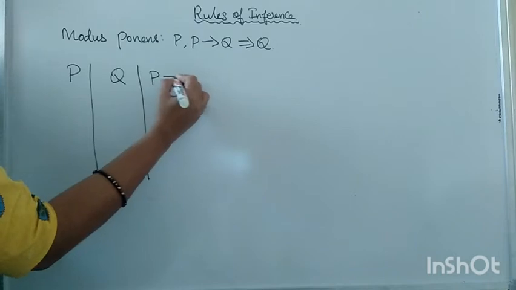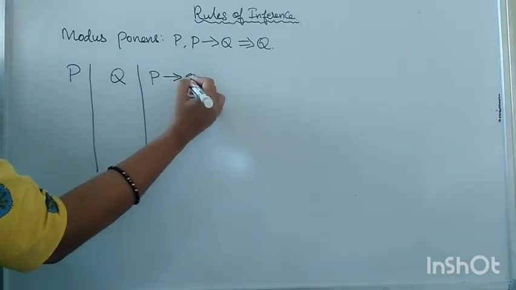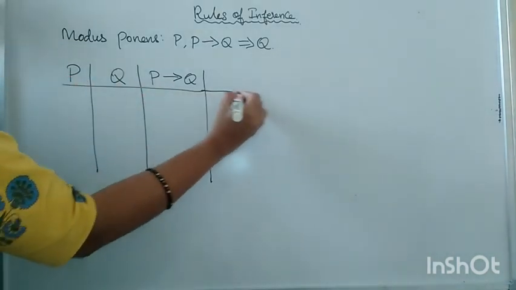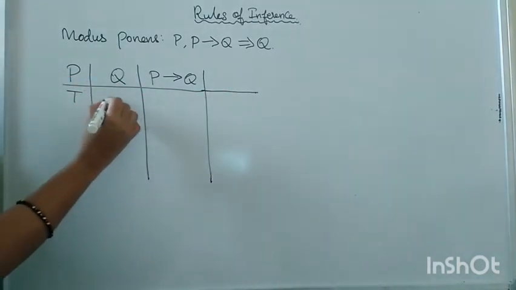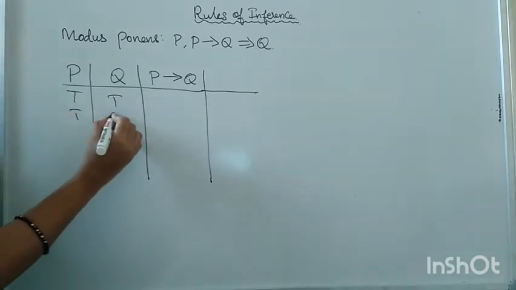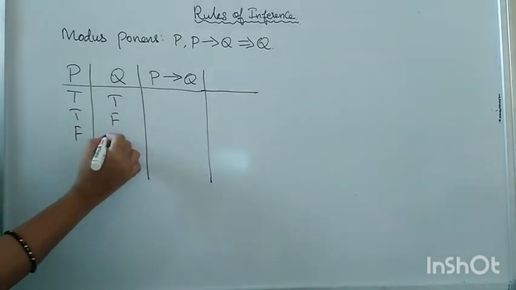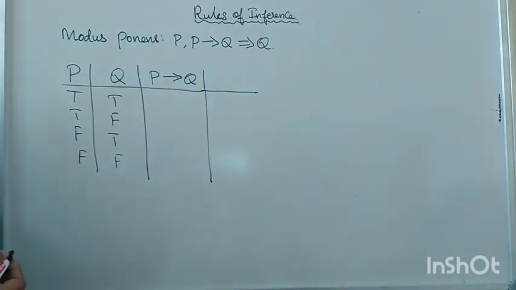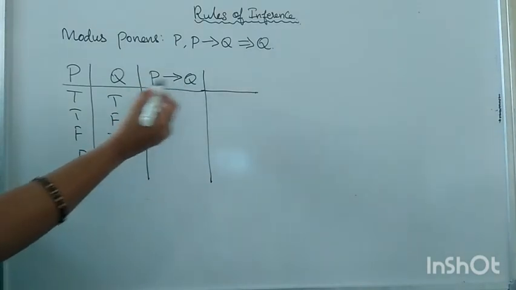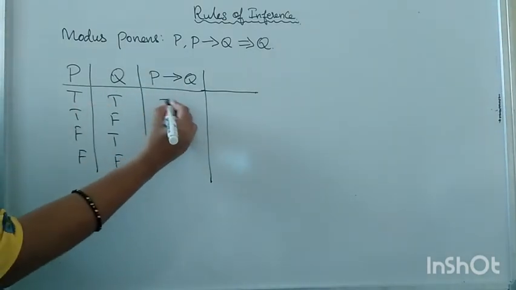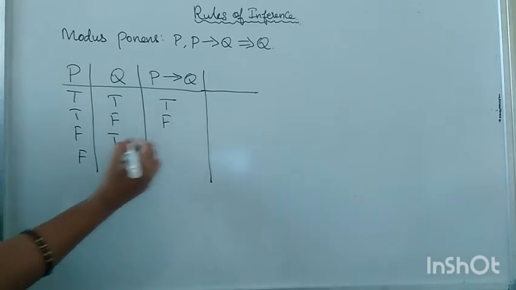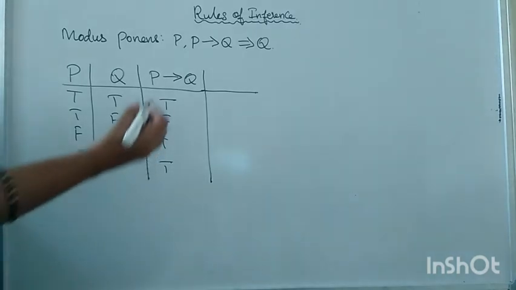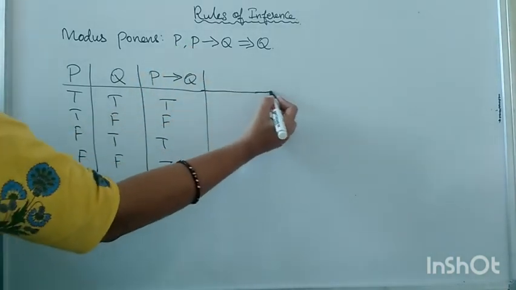Then we can take if P then Q. So take the truth values: true, true, true, false, and then false, true, then false, false. So if P then Q means we will get true here, and here we will get false, true, true. And then we can prove this.